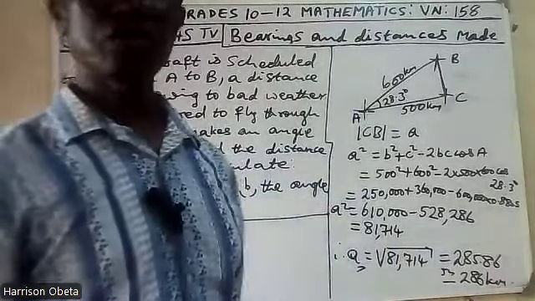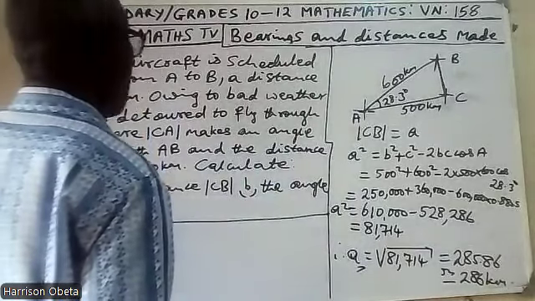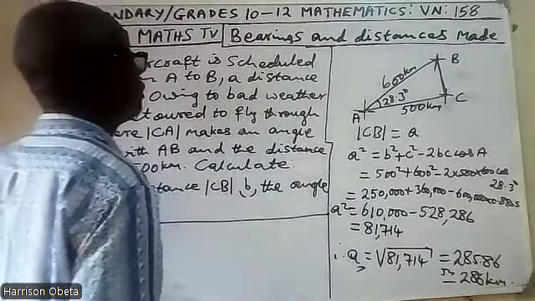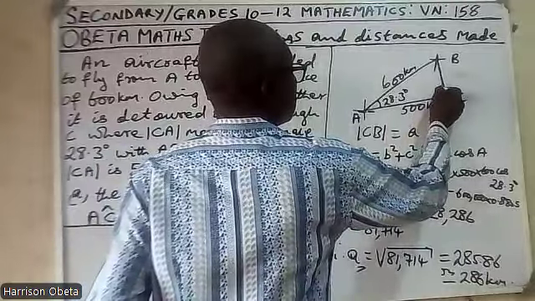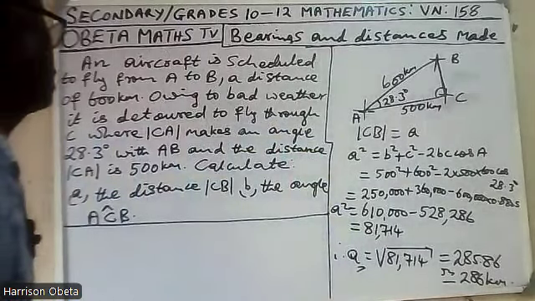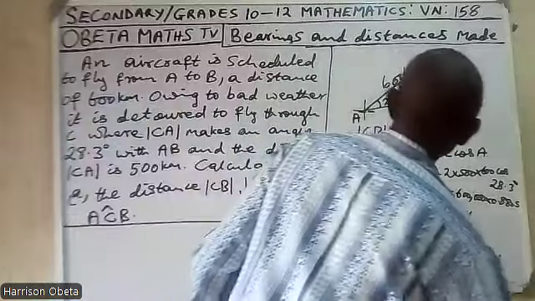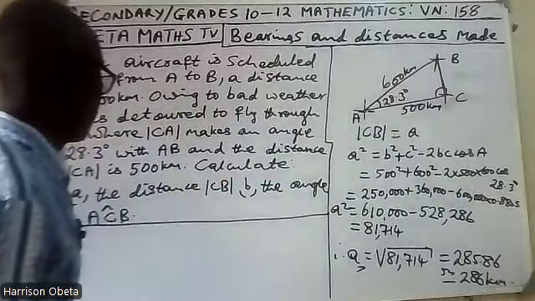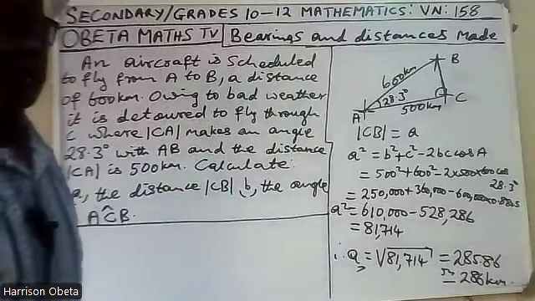So the next thing is for us to now go ahead and find angle C, which is this angle. Angle C. And in that case, we have to use the sine rule. Okay. So we are now going over to the second part.